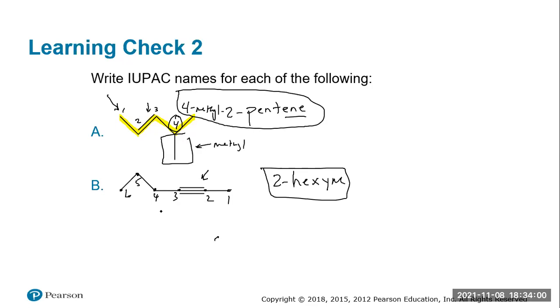All right, why don't you try a couple here where you draw it. So why don't you draw 3-ethyl-6-methyl-3-heptene. And why don't you draw, we'll go with 2-bromo-3-hexyne.